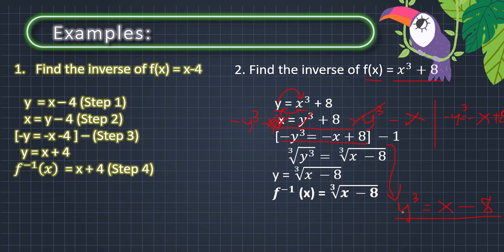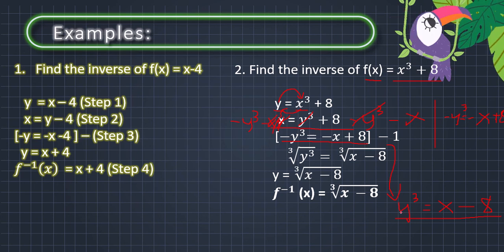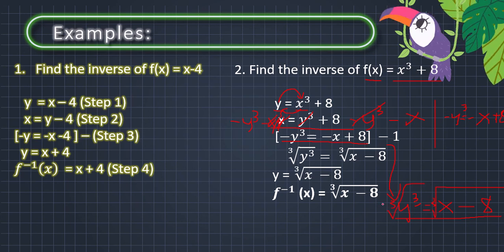After this form, we're going to find the value of y by eradicating the exponent 3. As you can see, we have an exponent 3. We can only cancel out the 3 by expressing it into a cube root. Cube root of the left part, cube root of the right part, and you can see this one here.